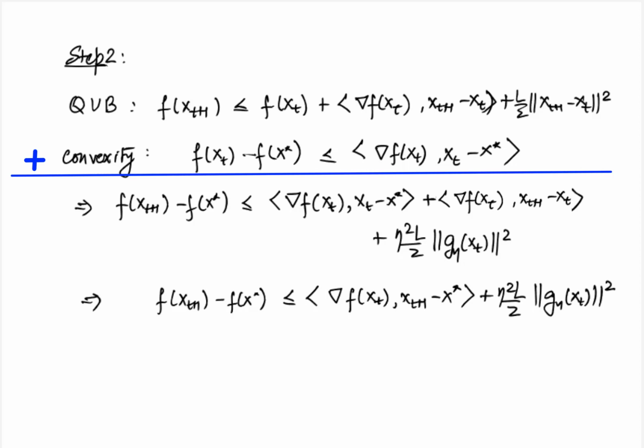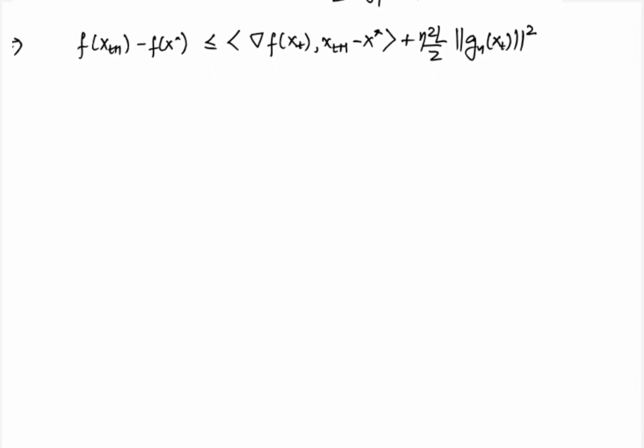So let us keep this inequality for now. We are not there yet. Now we need to bound the first term in this inequality on the right. For that, let us again use the angle property of the projection, which said that the inner product of x minus P of x with z minus P of x is less than or equal to 0 for all z in calligraphic X.